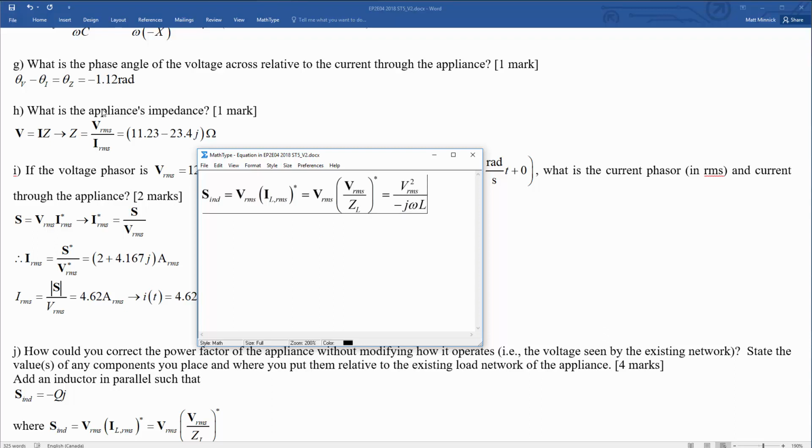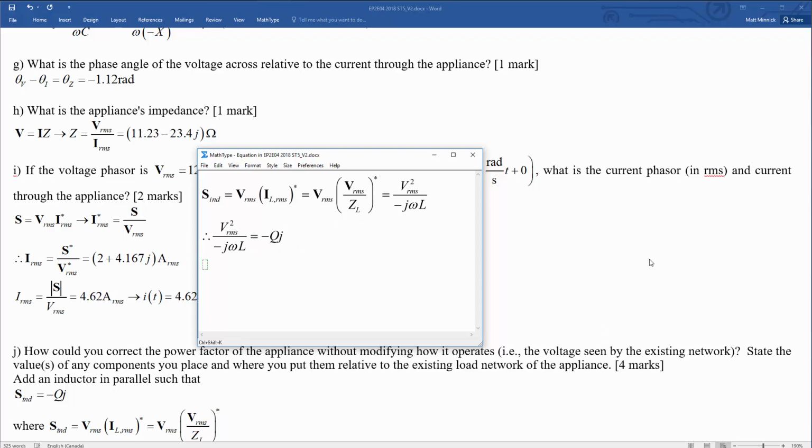omega L. Now you notice here I didn't include the bold part, so by that I mean just the magnitude of V. Remember that if you take something and multiply it by its complex conjugate, you get the magnitude of it squared, which is not the same as just squaring the complex number. Okay, so this is supposed to equal, so Vrms squared over negative j omega L is supposed to equal negative Q times j.